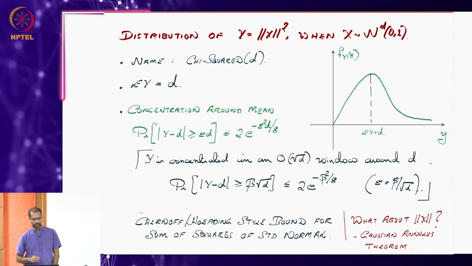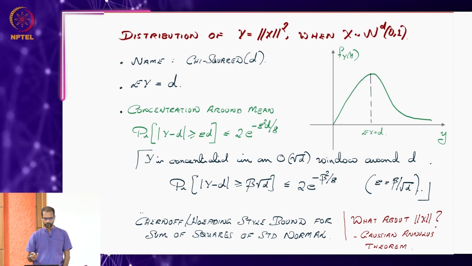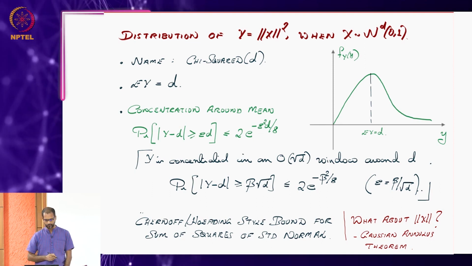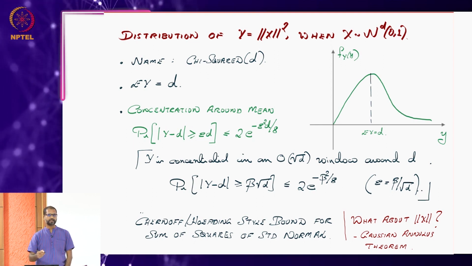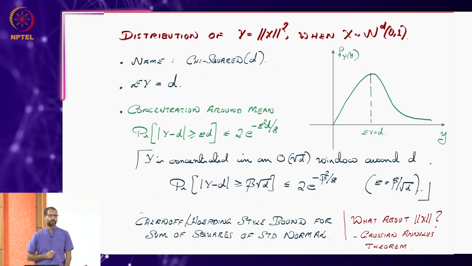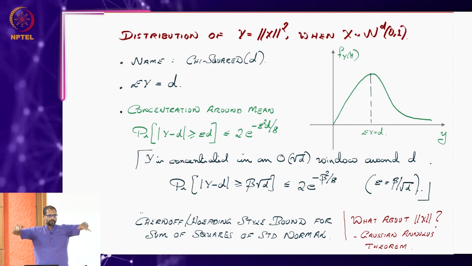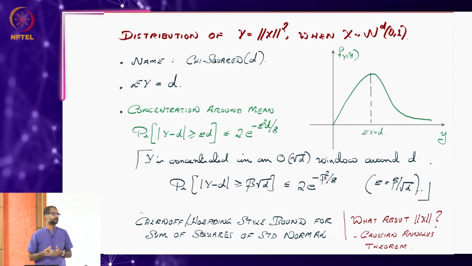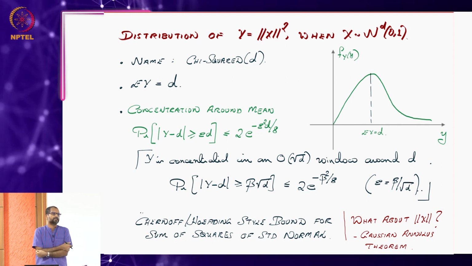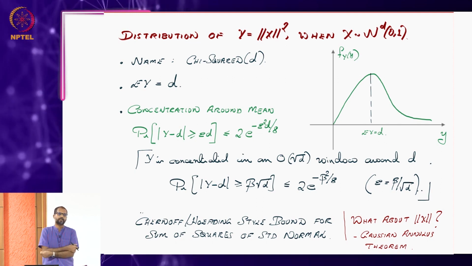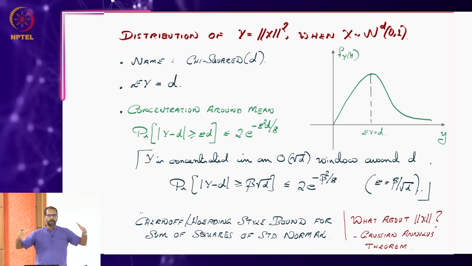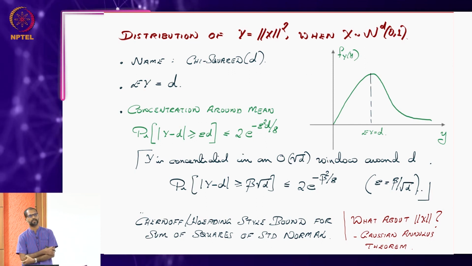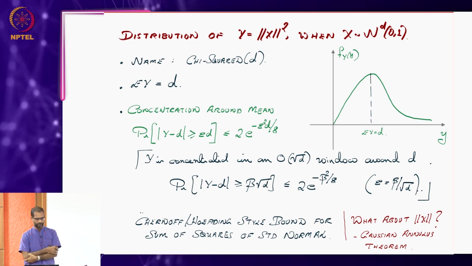We already know the name of this resulting distribution, chi-squared with d degrees of freedom, and we know its expectation which is d. What I am interested in now is to quantify the fall, the slope of this curve, how fast this distribution tapers down once you move away from the mean, or equivalently how much of the probability is concentrated in a small window around the mean.